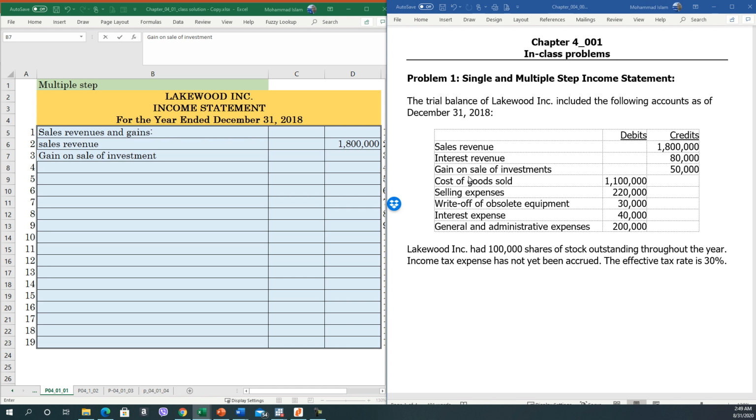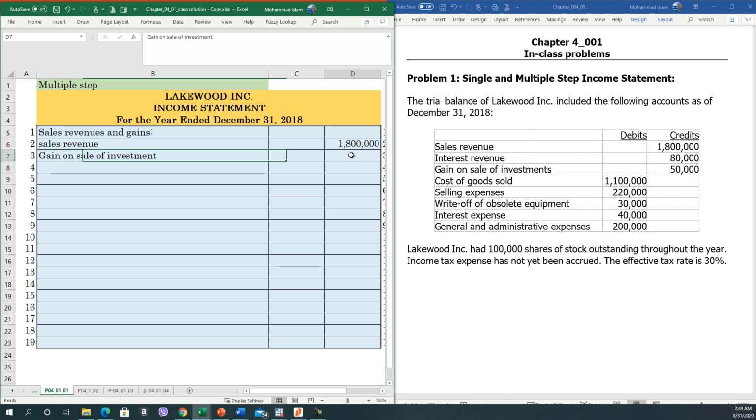We can see the gain on sale of investment. So we will sum up all the revenues and gains. We have written the sales revenue, then the gain on sale of investment, which is 50,000.